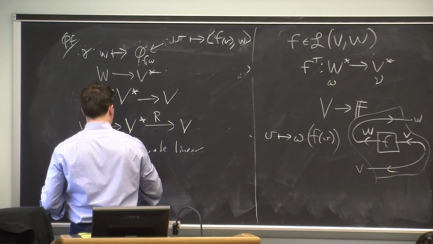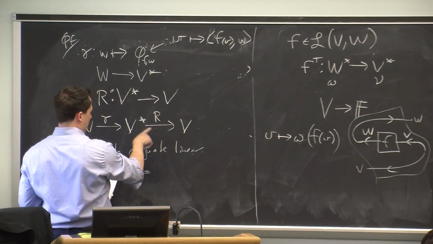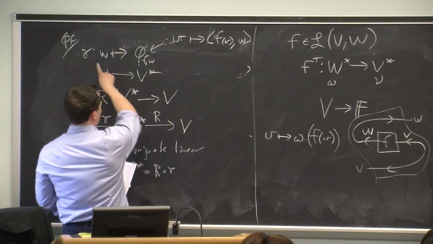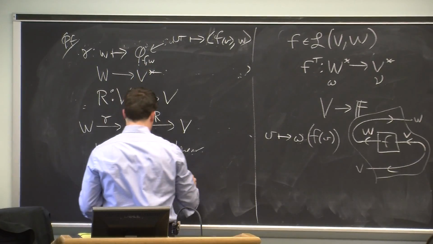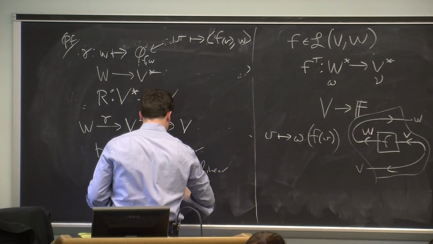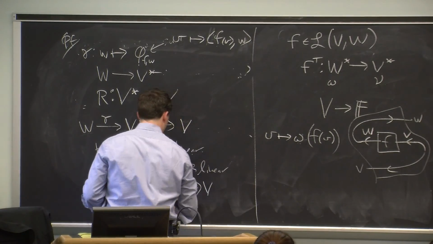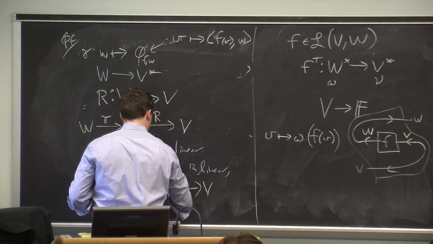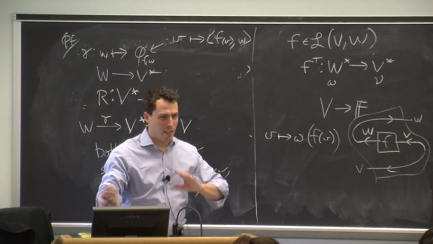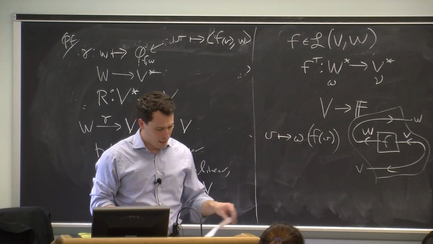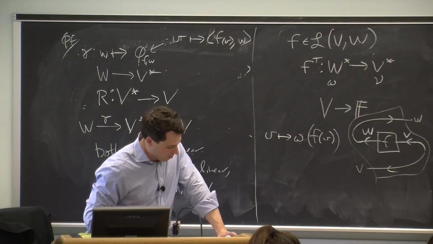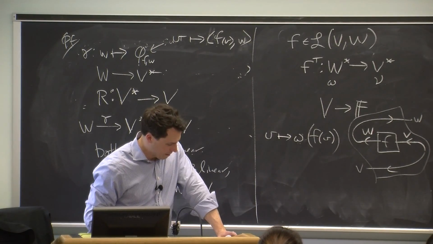So F star, which is the composition of these two maps, composed with gamma, because gamma is where the original F shows up, is linear and goes from W to V. Okay, so there's a lot of indirection going on here, the maps viewed as vectors and things like that. So we're going to talk about it in a couple of different ways.